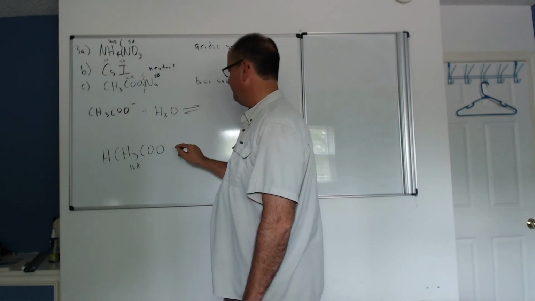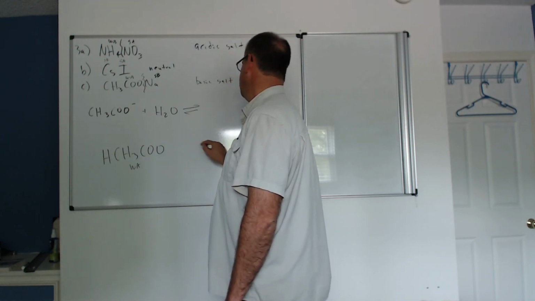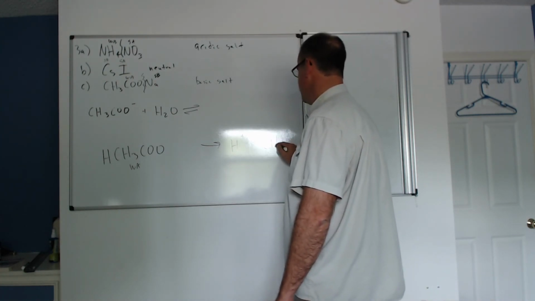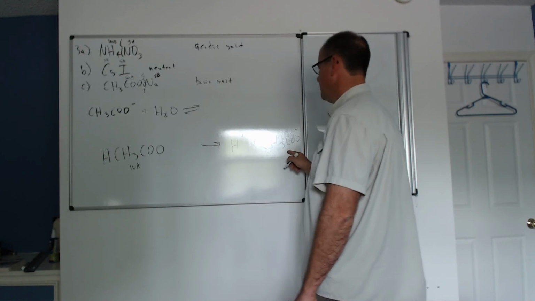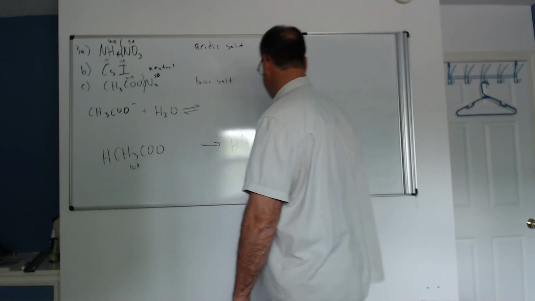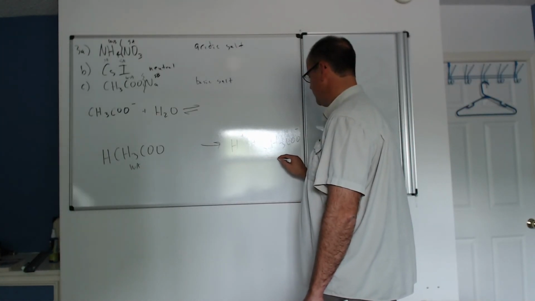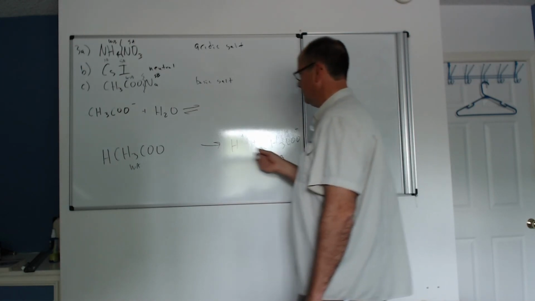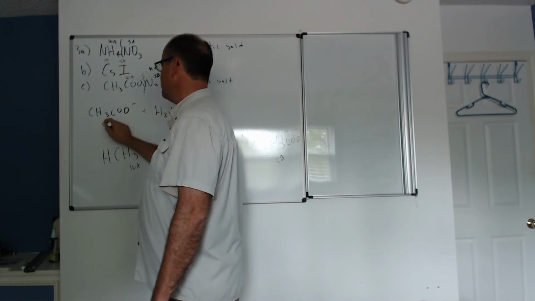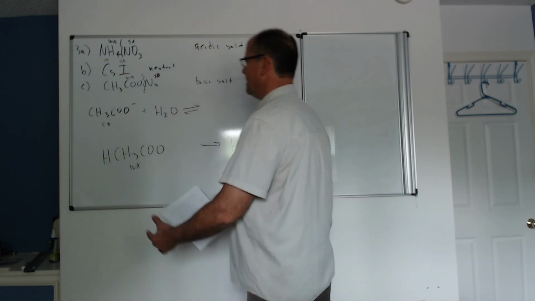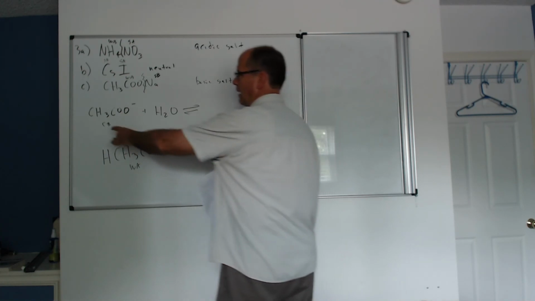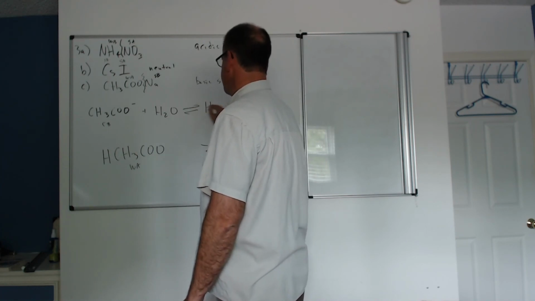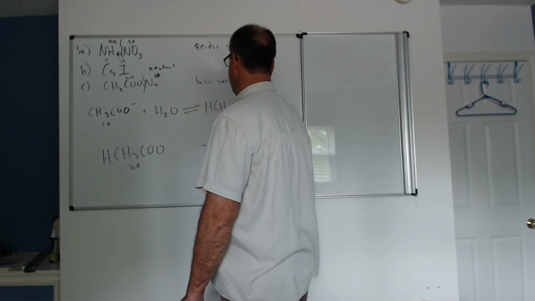So over on the other side, we're going to have the hydrogen and the CH3COO ion. This was the weak acid, which means this is the conjugate base. If this is the conjugate base, it is going to accept a proton from the water. So we're going to get our HCH3COO.